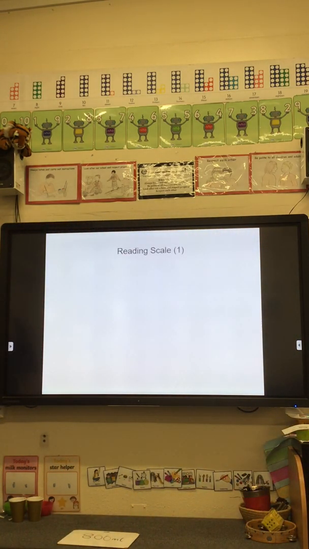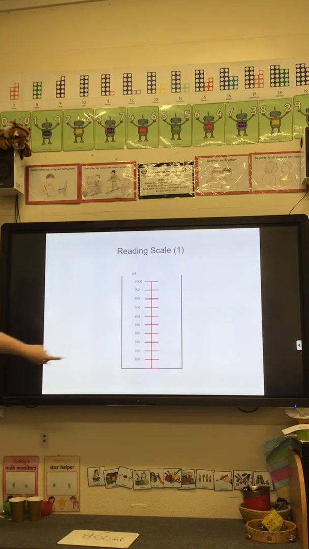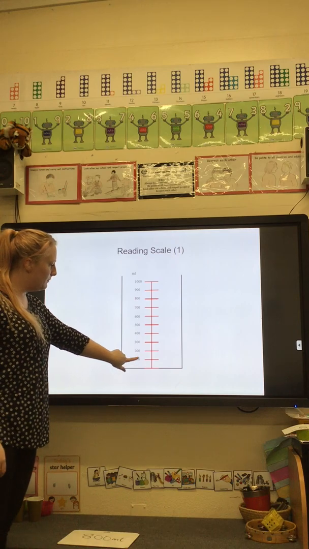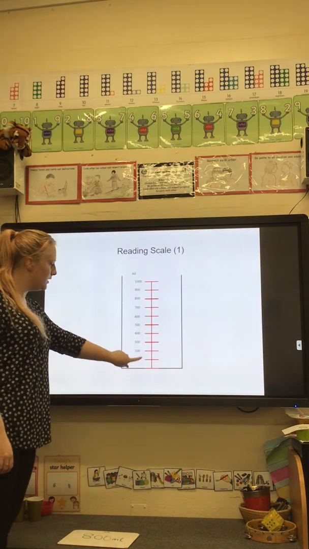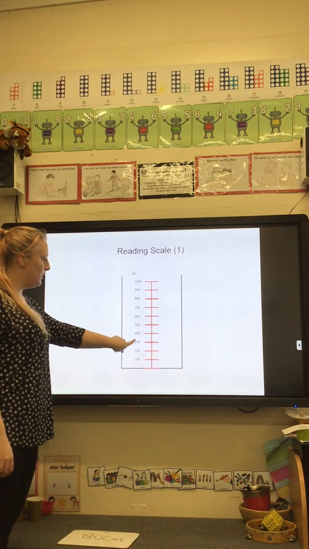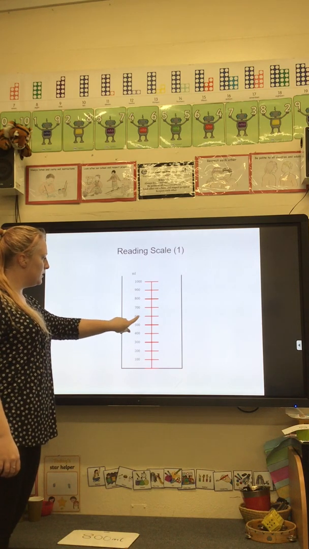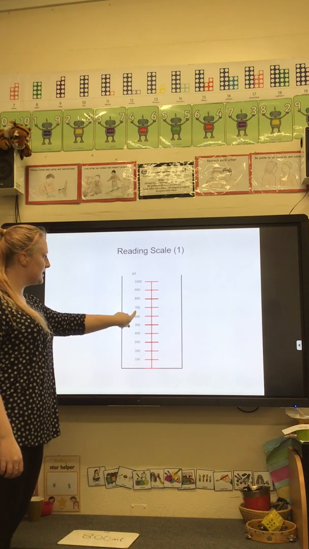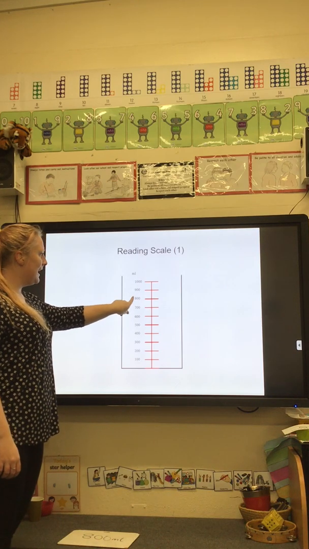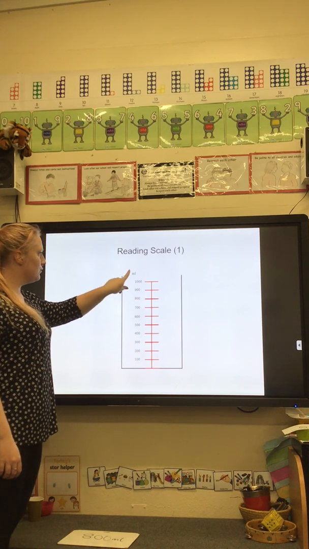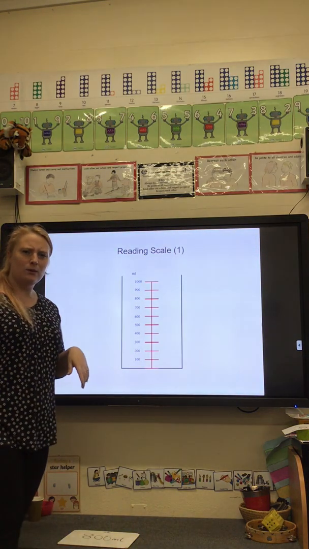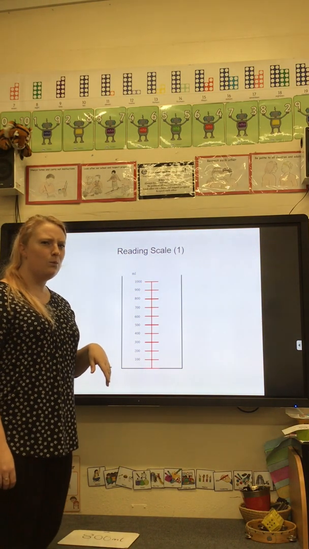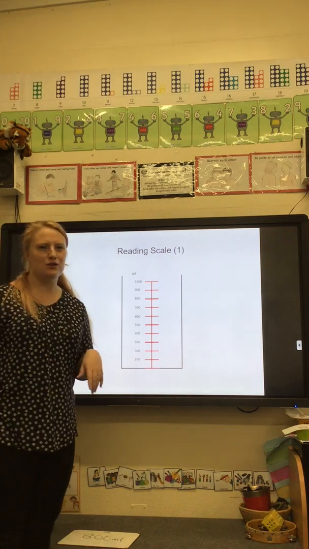Are we ready? Number 1. We've got our measuring jug, and if we look carefully, our measuring jug is going up in 100. So that's 100, 200, 300, 400, 500, 600, 700, 800, 900, 1000. And when we measure liquid, what unit of measurement do we use?